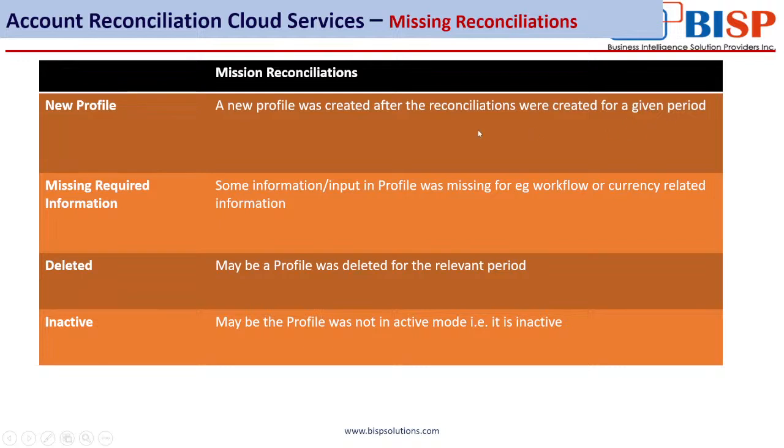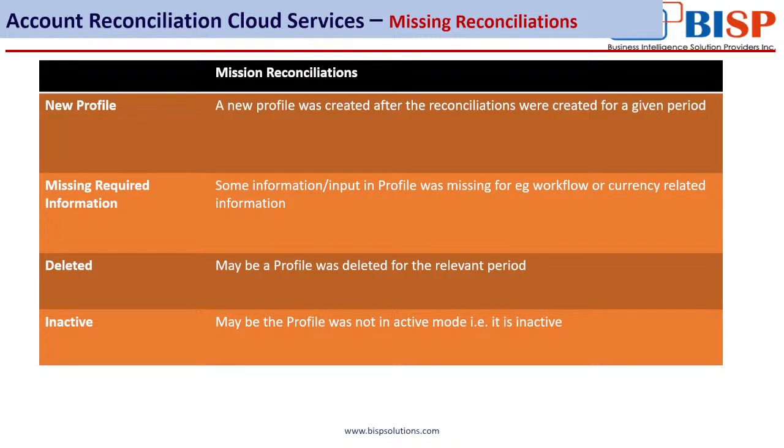For example, if we have created reconciliations for a period and kept them as they are, and somebody creates a new profile for that given period, then the reconciliation for that profile might not be visible, or it might be missing.